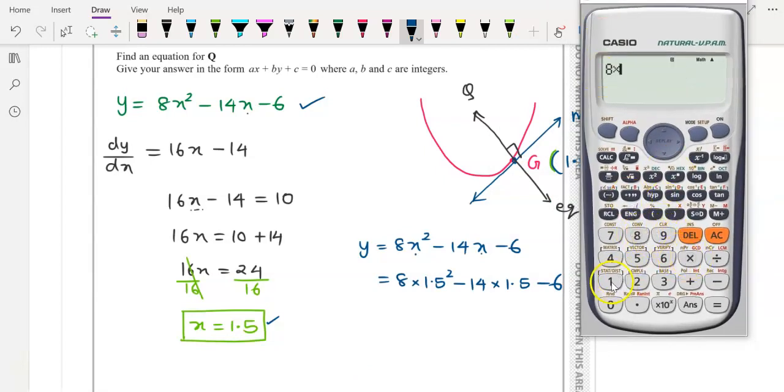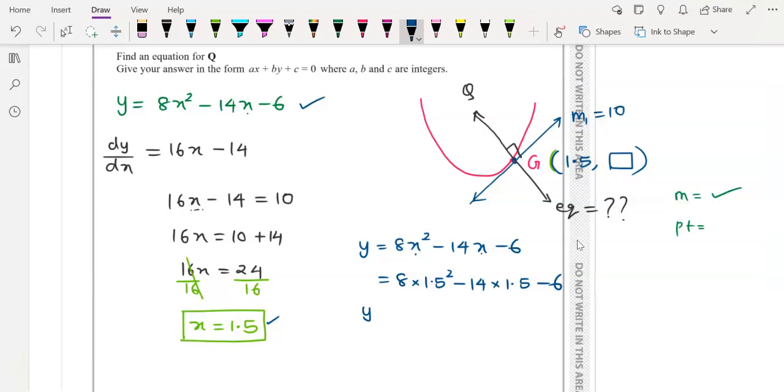That gives me negative 9. So the value of y is minus 9. So we know the coordinates of point G.